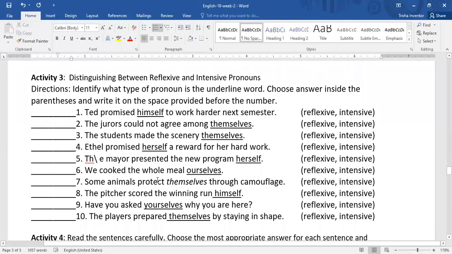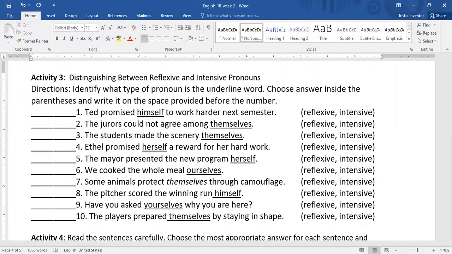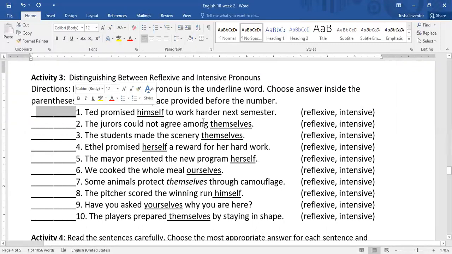Alright, now in here, okay, so I guess it's very self-explanatory for you. So just identify here the underlined word or the underlined pronoun, if it is reflexive or intensive, and then write the answer here on the blank or the space provided.